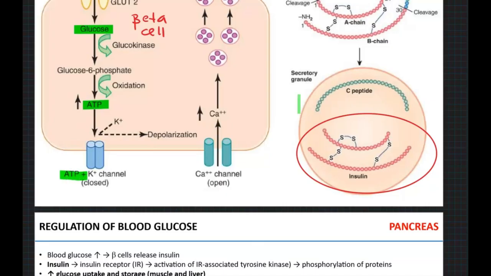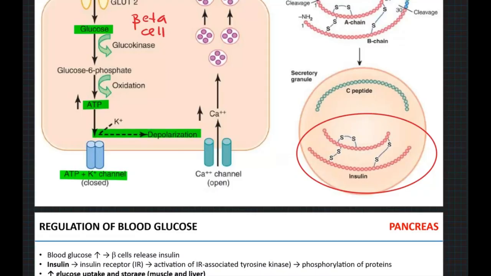So binding of ATP to potassium channels closes them, which means that potassium, whose concentration is greater inside of the cell, cannot diffuse out of the cell.